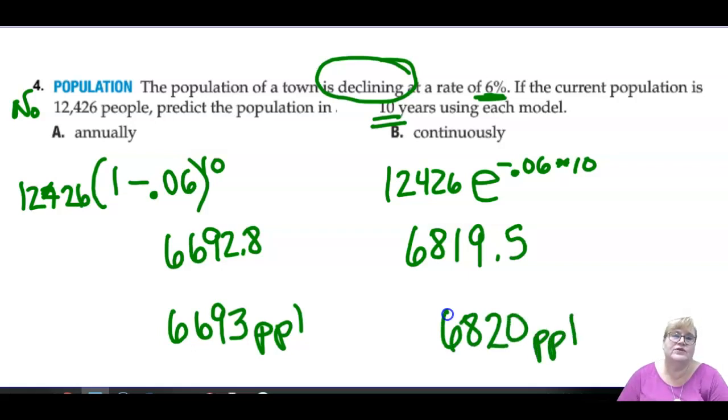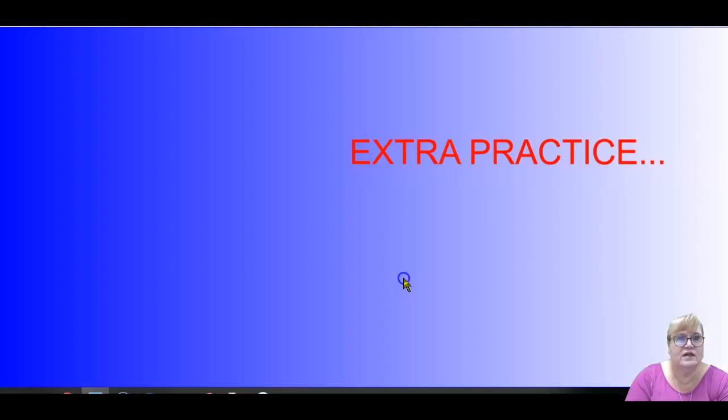All right, so if it is decreasing annually versus continually, it came out two slightly different numbers, but they should be very close together. All right, I think that's it.